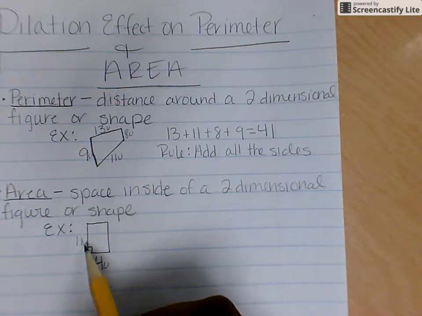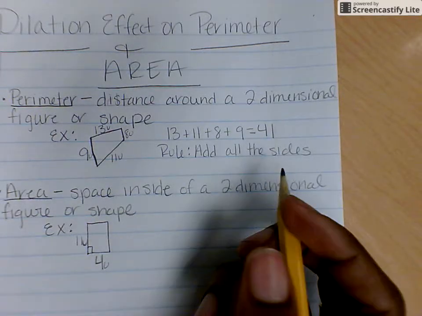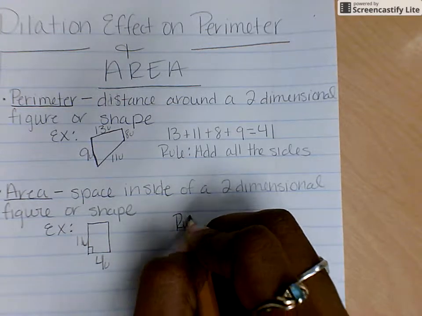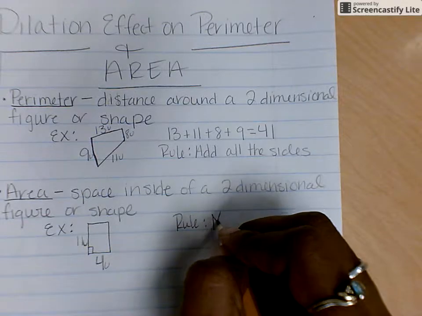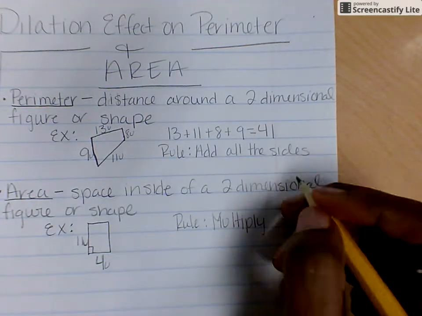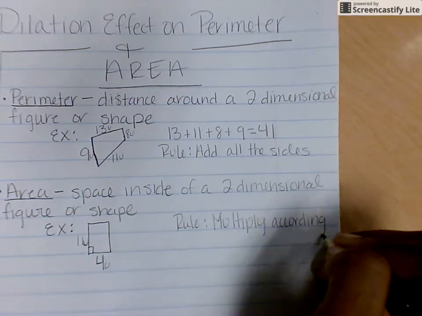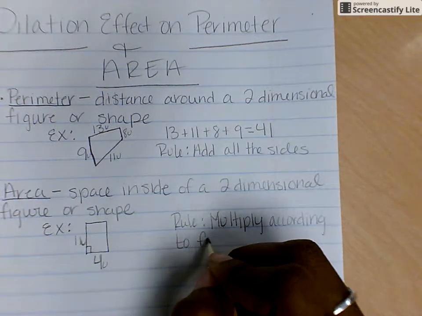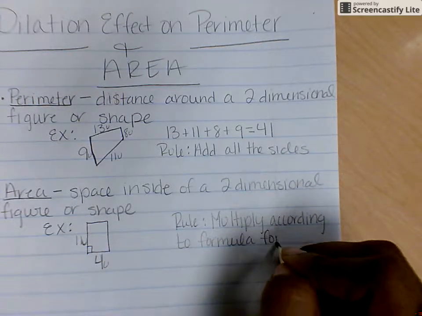Let's say you had a rectangle with 11 units by 4 units, right? And I want the area. The rule is to multiply according to the formula for the specific shape.